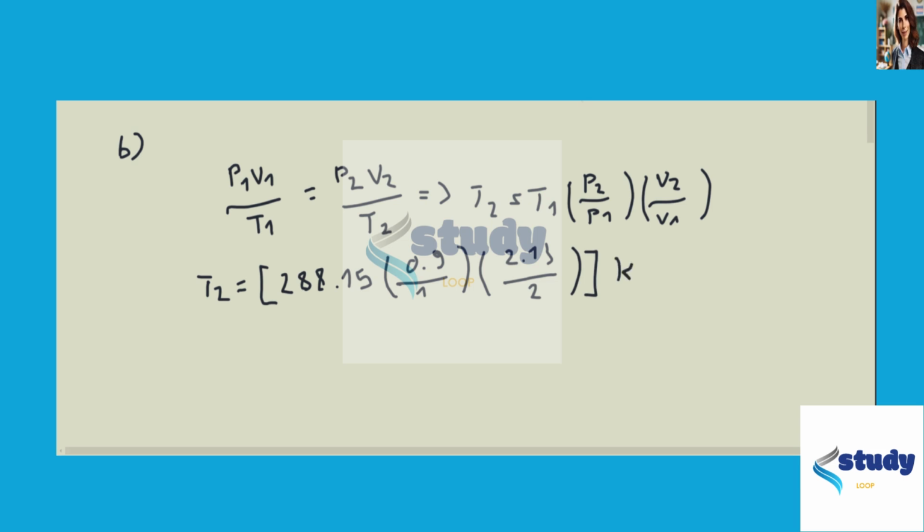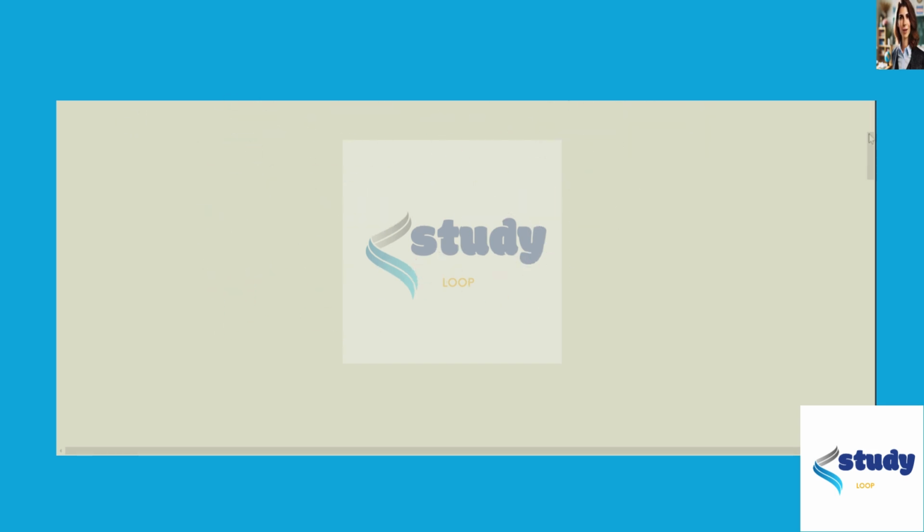So the final result is that T2 equals 276.2 kelvins. And when we convert from kelvins to Celsius, we obtain that this is going to be 3 degrees Celsius. So this is a very low temperature at the higher altitudes.